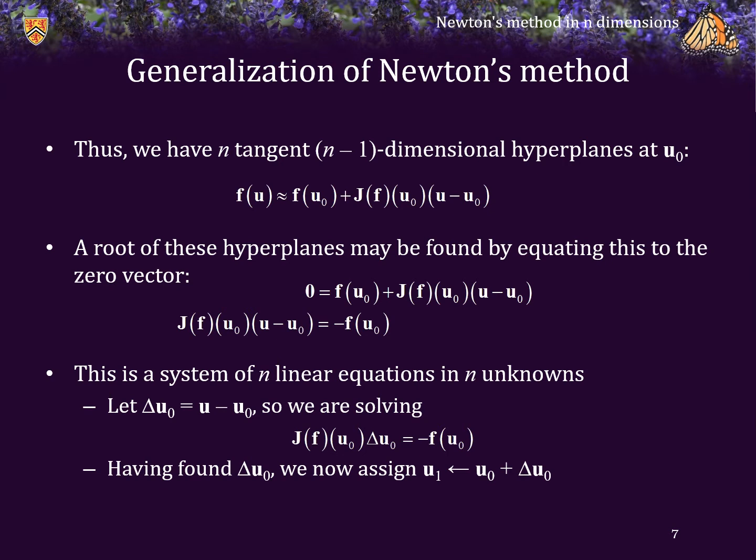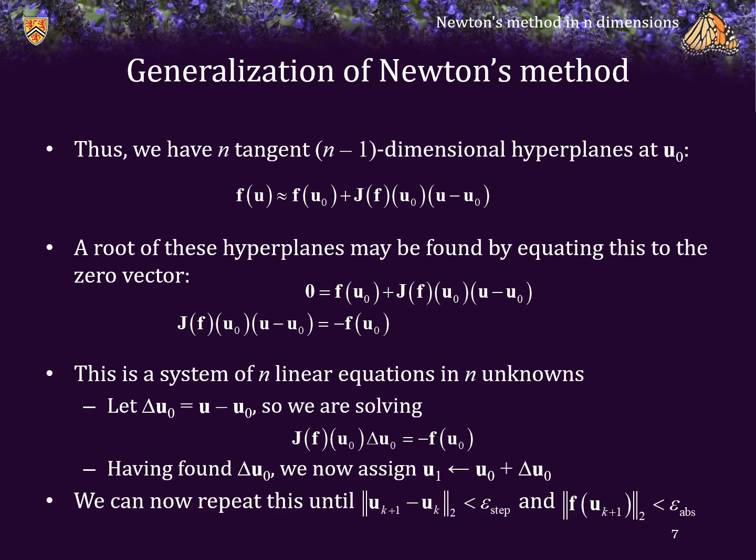That is our next approximation of the root of this vector valued function of a vector variable. We can now repeat this until the 2 norm distance between two successive iterations is sufficiently small, and the 2 norm of the function evaluated at this new point is also sufficiently small.